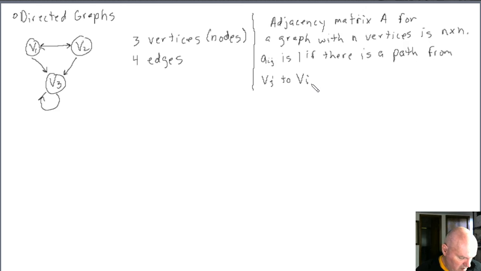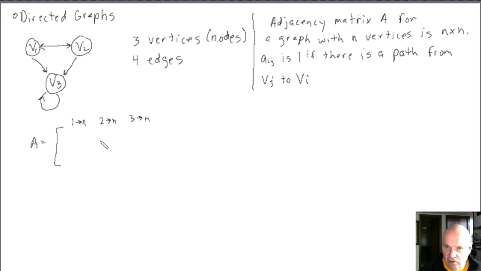Okay. So corresponding to this directed graph, the corresponding adjacency matrix is, and I find it helpful to put V1, V2, V3 above each column. We'll have non-zero entries here if there's a path from vertex 1 to the other n elements, and similarly in the second column, and then in the third.